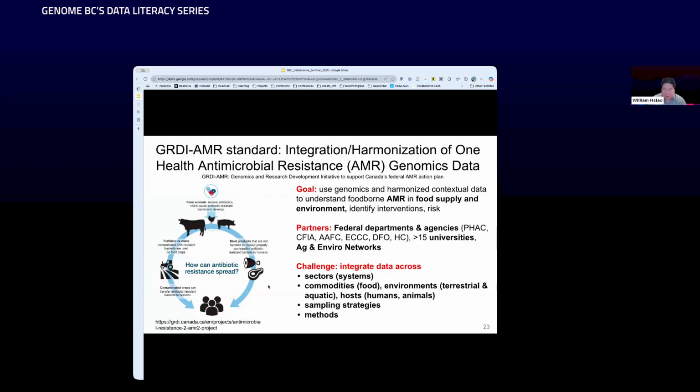with the practice, right? So it's One Health in nature across different sectors, and it's also across different commodities, different environments, and different hosts. Each of these communities has its own sampling strategies and sampling practices, and then uses different methods, for example, for processing their samples and tracking their own processes.